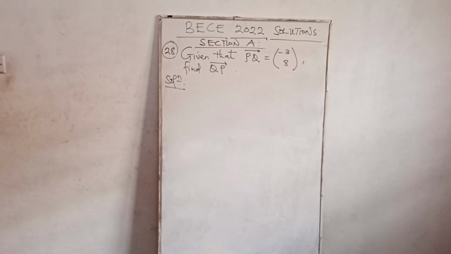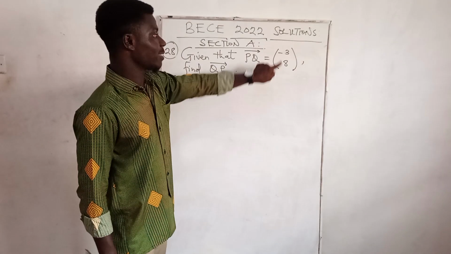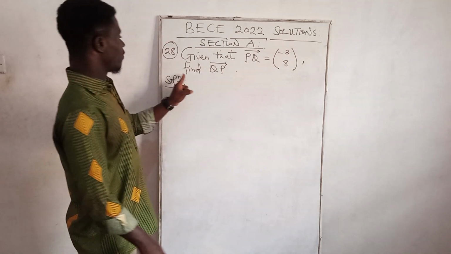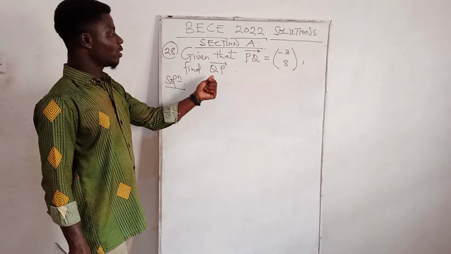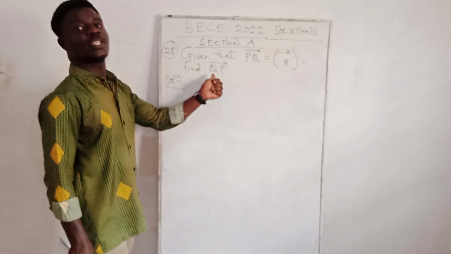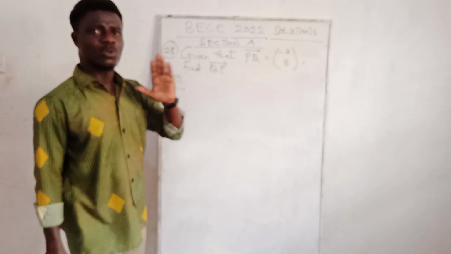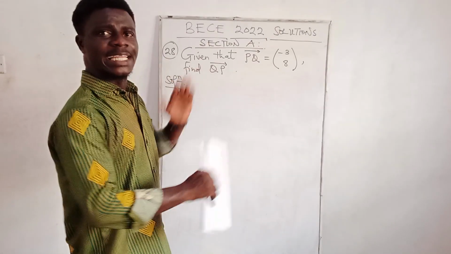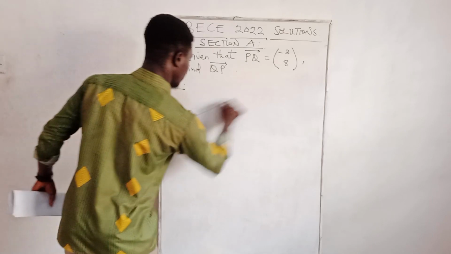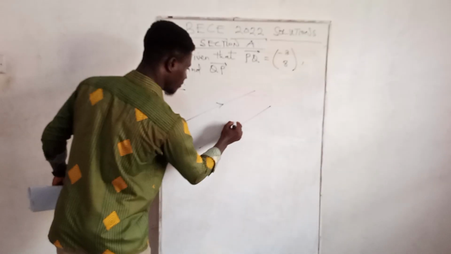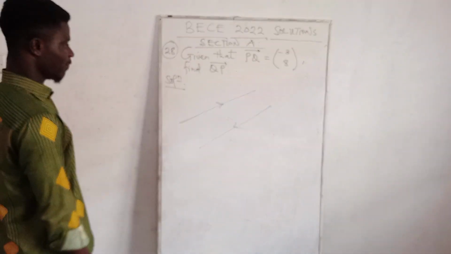Alright, so now, given that vector PQ, the particle is moving from P to Q on this path, which is negative 3, 8. Find vector QP, which means the particle will now move from Q to P. When you see this, you know it is a negative vector, or inverse vector.